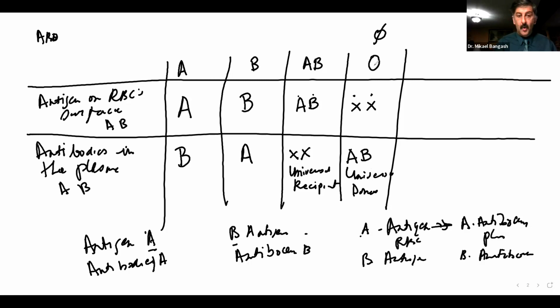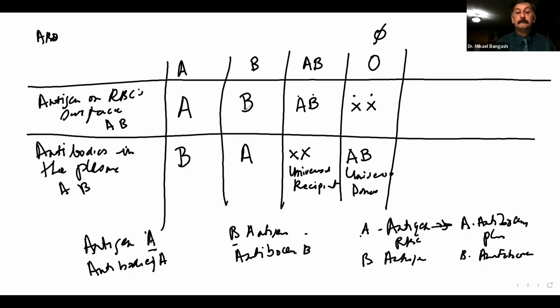But a person with blood group O can only receive blood from a person who has blood group O. So AB can receive anything, but O can only receive from O.